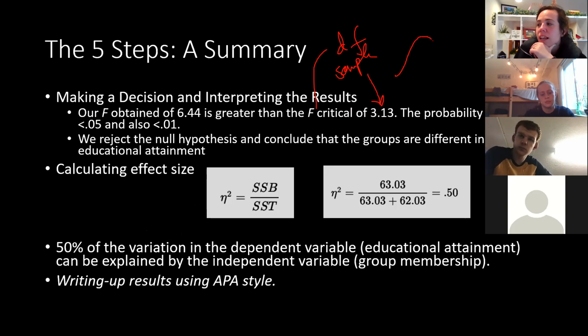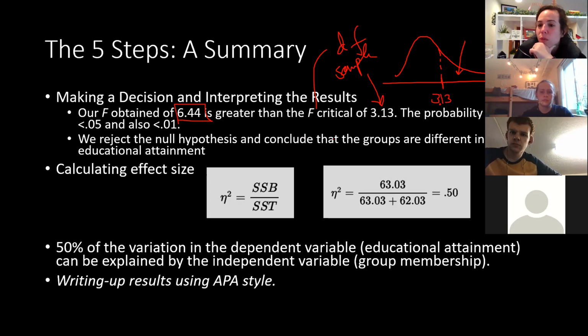This is kind of what an F curve looks like. If this right here is 3.13, this is my critical value. Anything in this shaded area, I can reject the null. Now my F obtained is 6.44.